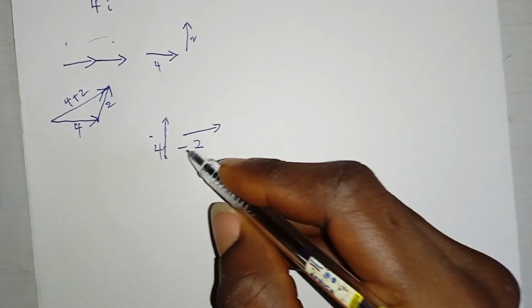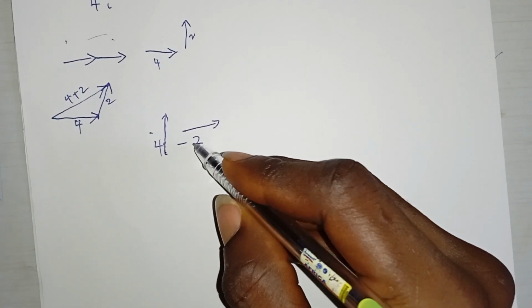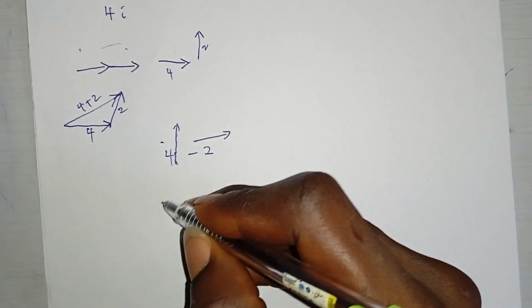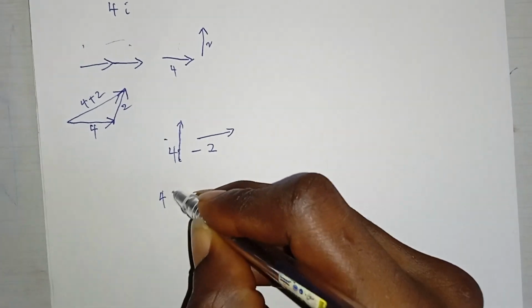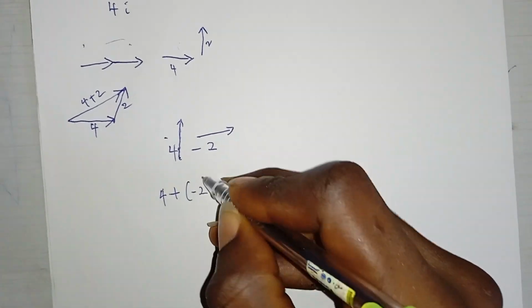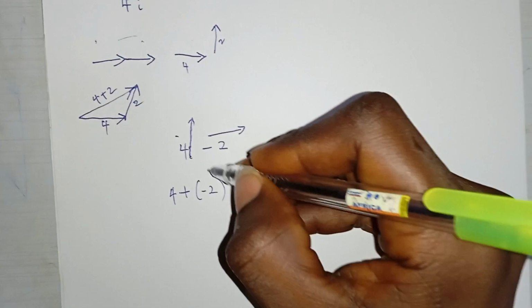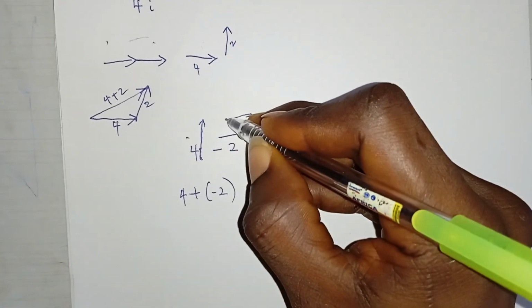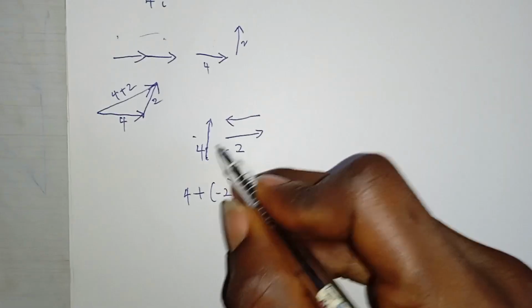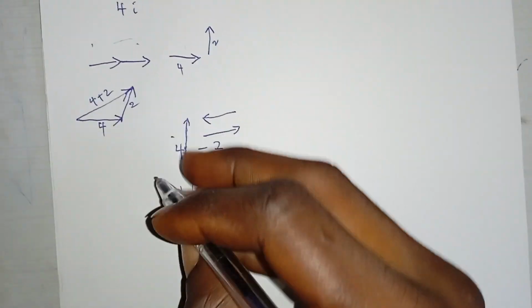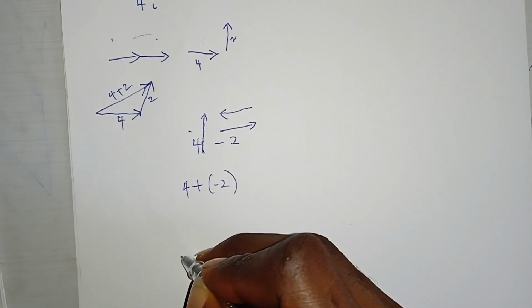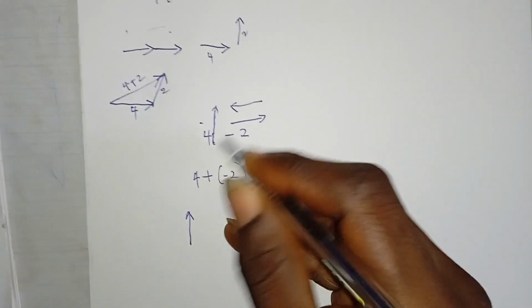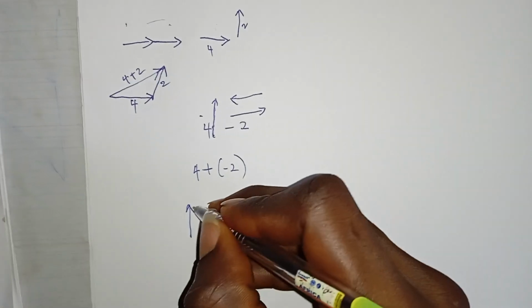If this is minus and this is positive, this is the same thing as saying 4 plus minus 2. So the positive 4 is supposed to be in this direction, while the negative 2 is supposed to be in this direction. Using this approach, get what I have here for 4, carry what I have for minus 2 and put it here.